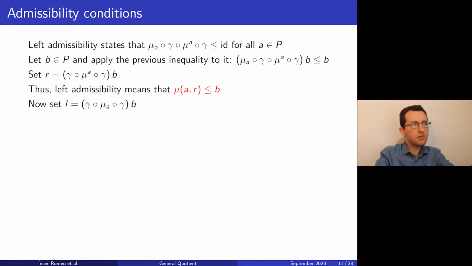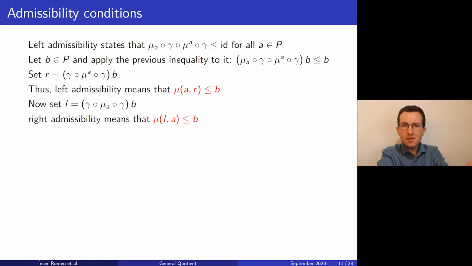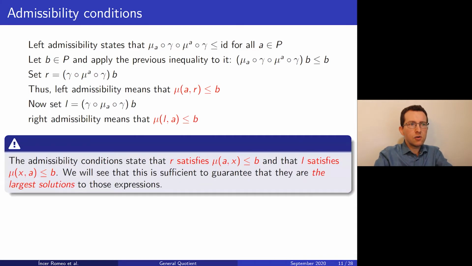Analogously, if we set L equal to gamma composed with mu sub A composed with gamma applied to B, what right admissibility means is that if you multiply L on the right with A, the result is less than or equal to B. What is surprising is the following.